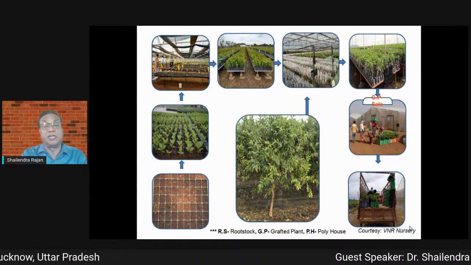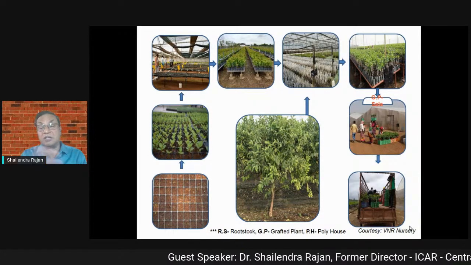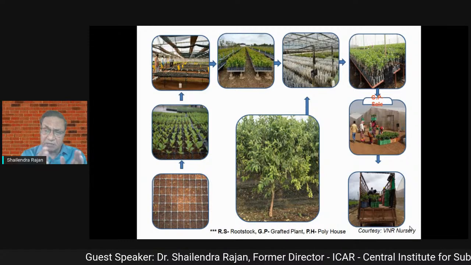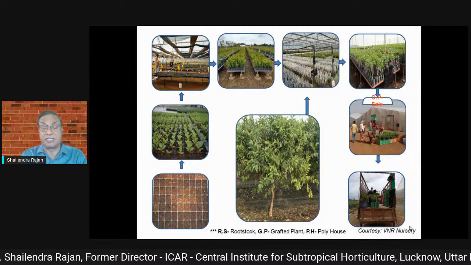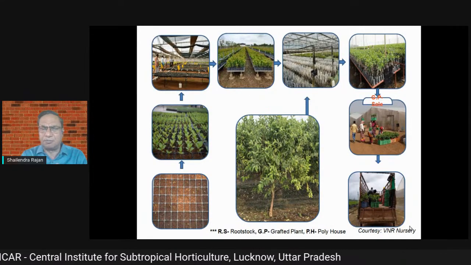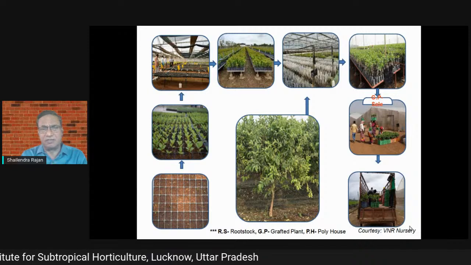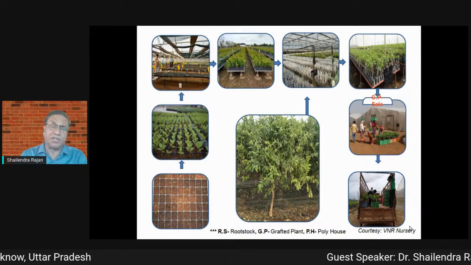The seed sowing, everything has become systematic and organized, and millions of plants are being produced. It has gone from the public sector to the private sector, and VNR nurseries are producing millions of plants of different varieties using this technique in a systematic way.